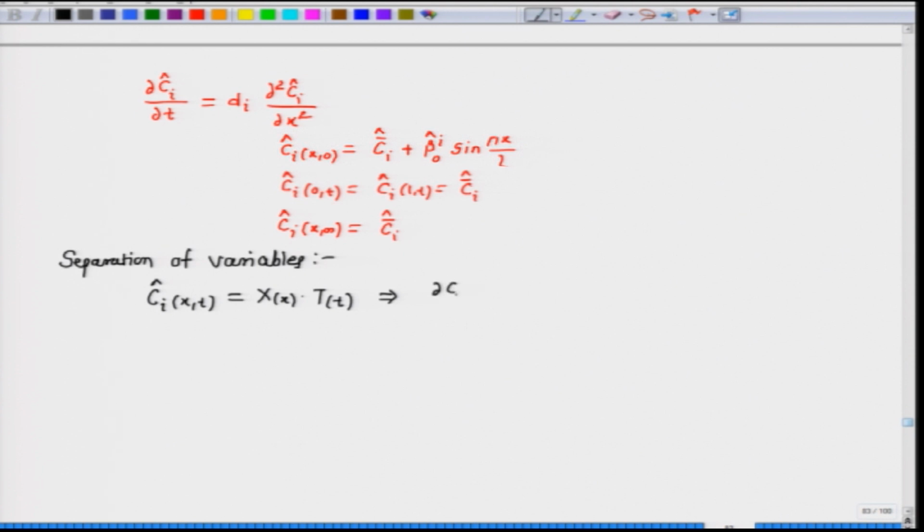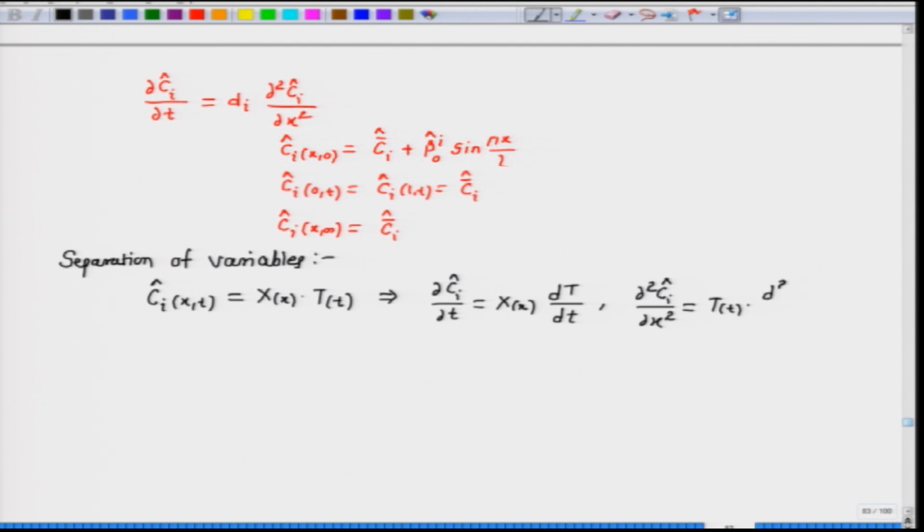This means I can write ∂Ci cap/∂t is equal to X(x), since X is only a function of x, times dT/dt, since T is a function only of t, so I can replace the partial derivative with the ordinary derivative. Similarly, ∂²Ci cap/∂x² can be written as, since T is only a function of t, I can take it outside, times the ordinary derivative d²X/dx², because X is only a function of x.